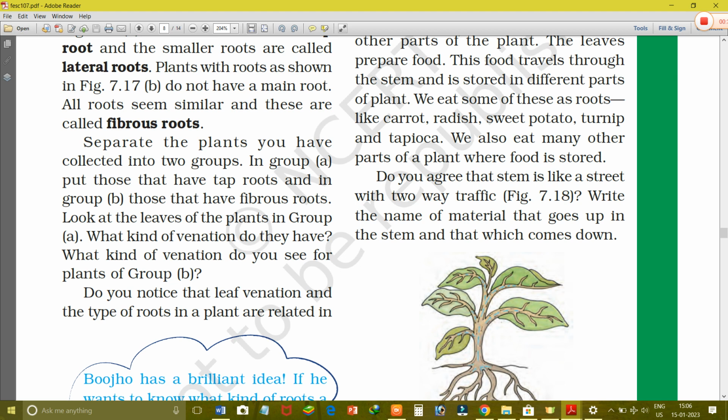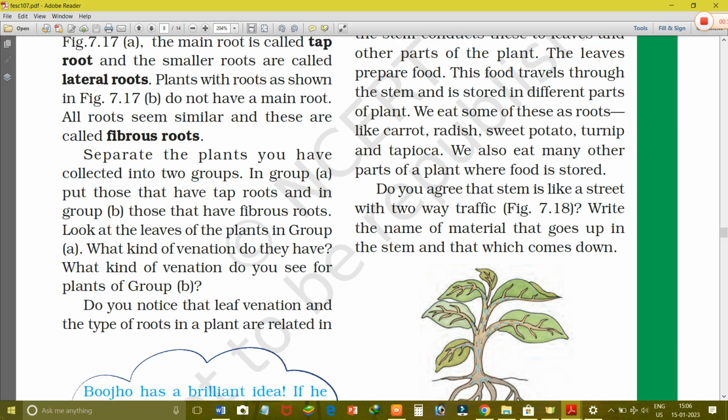Look at the leaves of the plants in group A. What kind of venation do they have? What kind of venation do you see for the plants of group B?